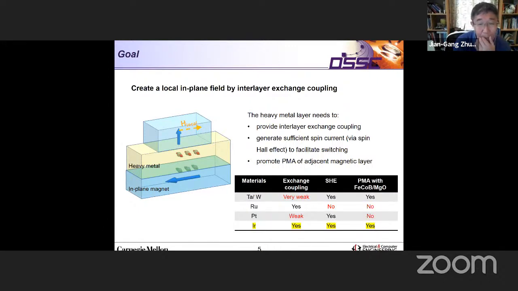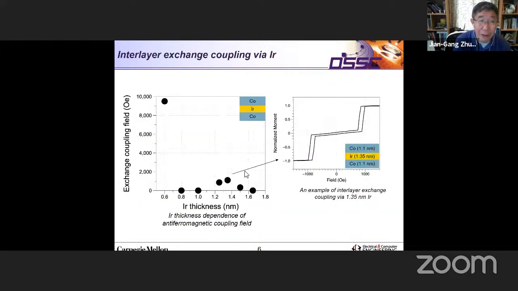Iridium not only is a heavy metal that has the spin Hall effect, but it can also facilitate the in-plane exchange coupling. So here is the experimental study we have done.